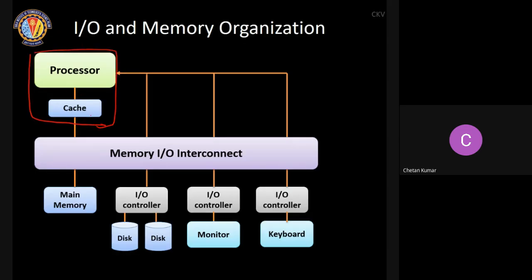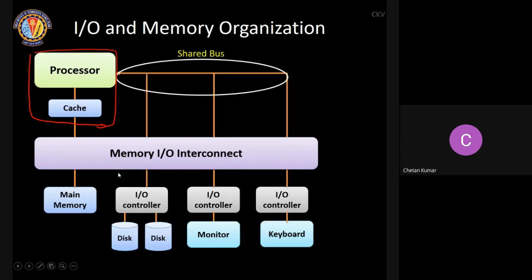Again, there is a difference between die and chip, I hope you know that. Then you have these external elements connected with the help of the memory and I/O interconnect, and the bus exists as part of it. So it is shared among all the elements: the same bus is used for communication by the monitor, the keyboard, or the secondary memory with the processor.